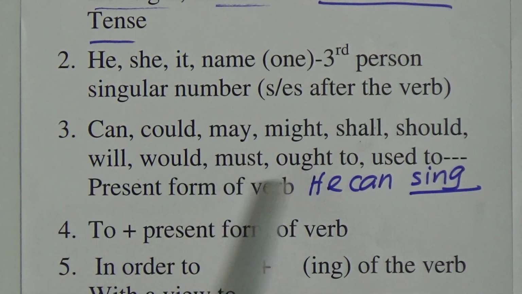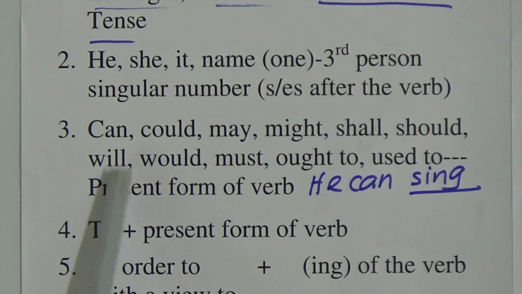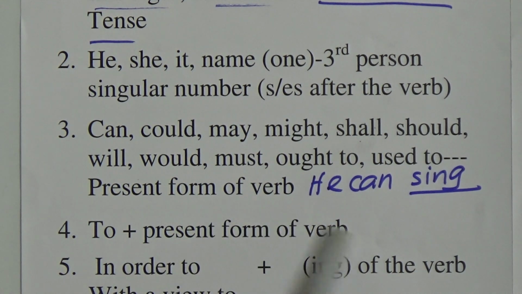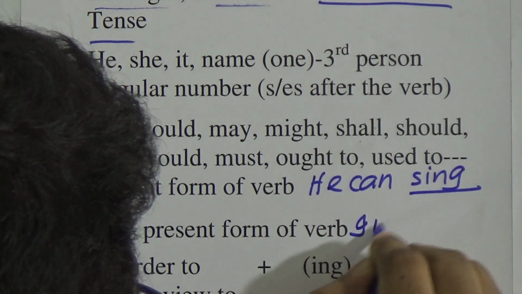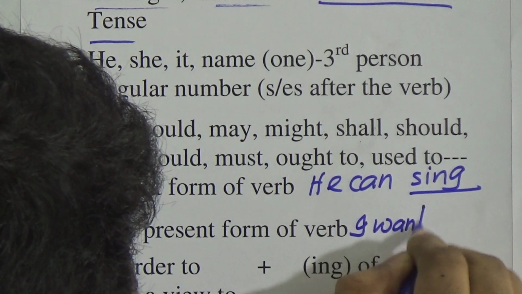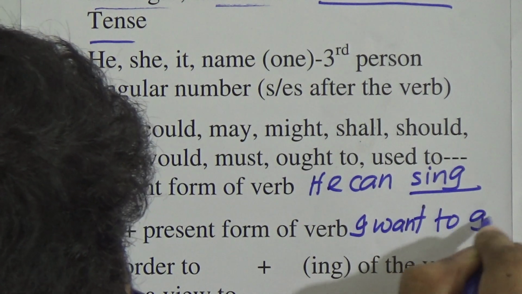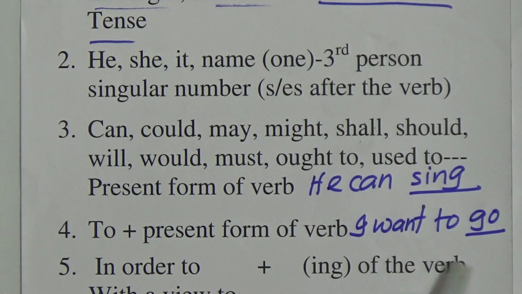So after a modal auxiliary verb, we will use the base form of verb. Number 4, after to, verb always will be in present form or base form. If I say I want to go, so after to, verb always will be base form.